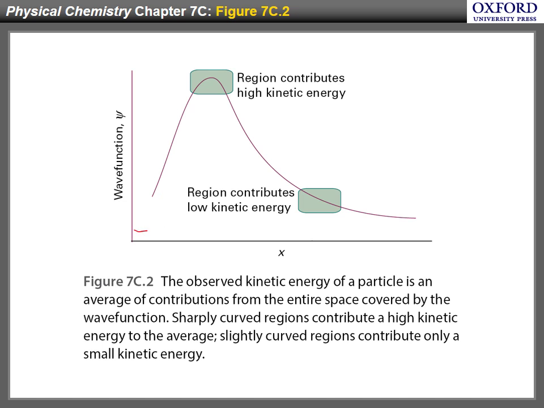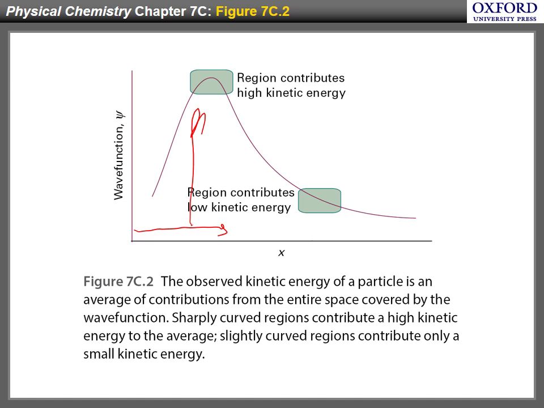If the potential energy drops here, the kinetic energy has to go up, right? If the total energy is the same, then we see the second derivative of the wave function becoming greater.